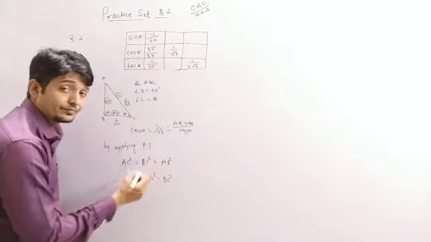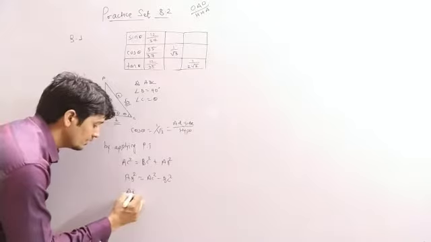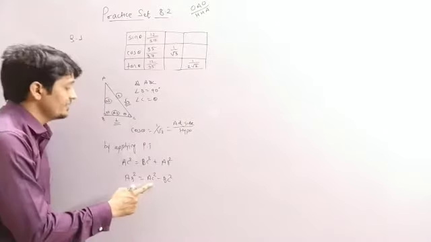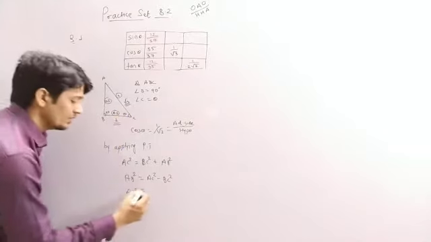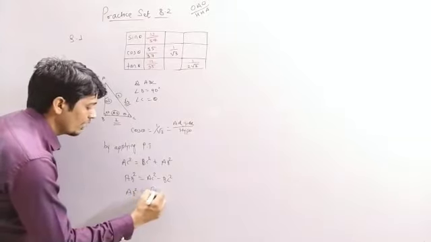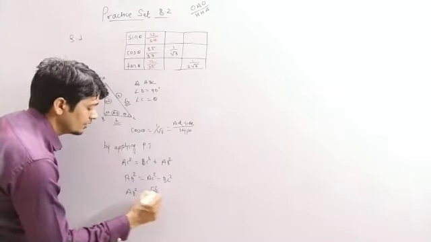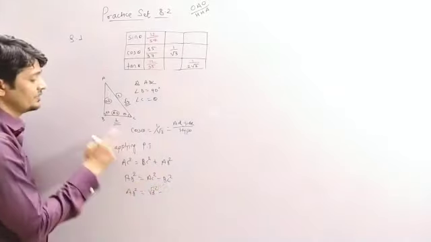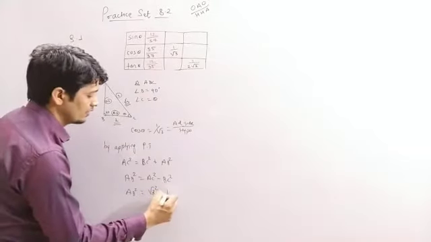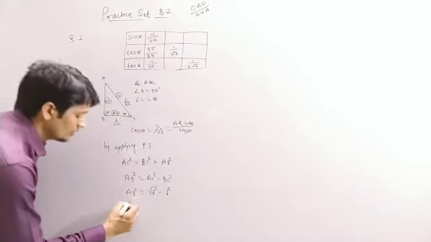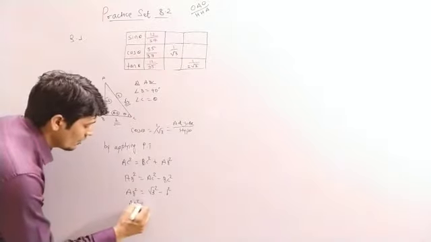So AB square equals, what is AC? AC is root 3. So we have to write square of root 3 minus, what is BC? BC is 1. So square of 1.